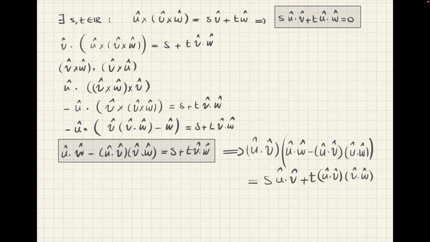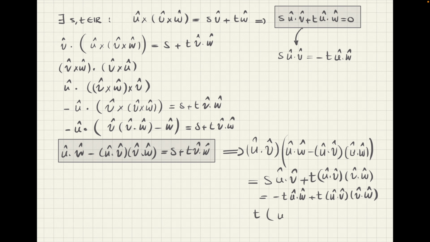Okay, why is this good? Because now from this equation you realize that S U dot V is equal to minus T U dot W, and then I can take this and put, instead of S U dot V, minus T U dot W. So this becomes equal to minus T U dot W, and then I will have T U dot V times V dot W. And I can factor a T out.